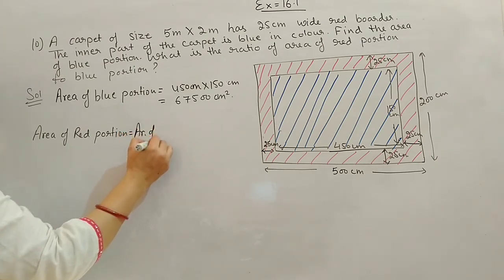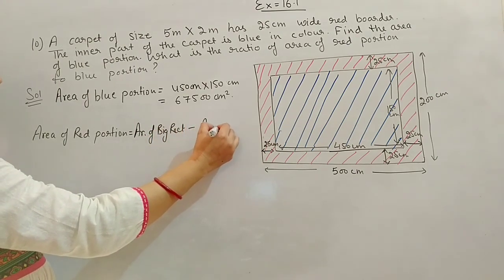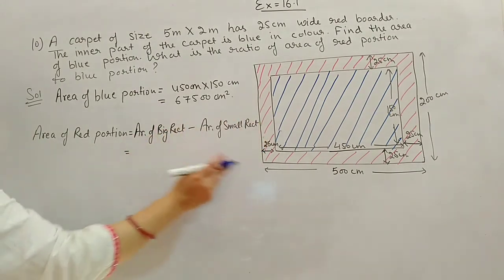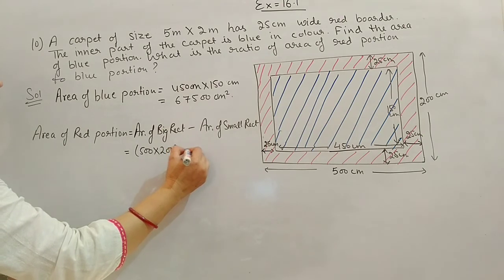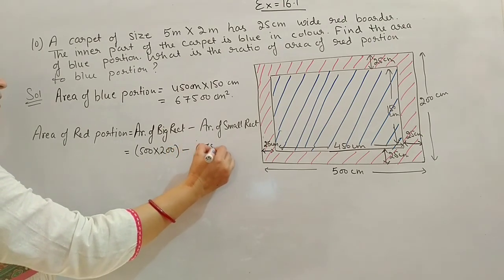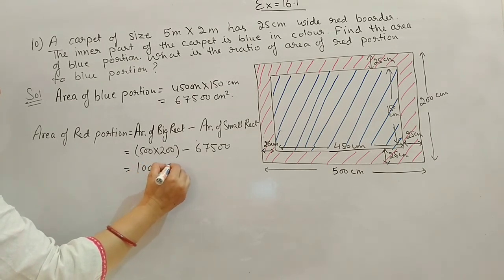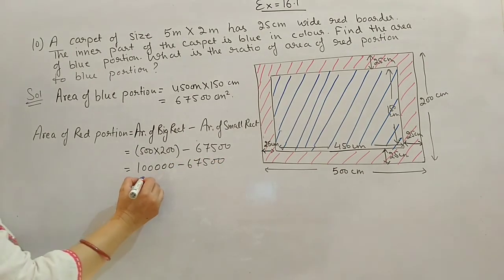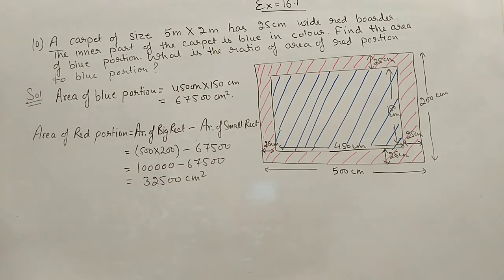So area of big rectangle minus area of small rectangle. Big rectangle dimension is 500 into 200 and small rectangle we have already found out, 67500. Then this will be 100000 minus 67500. Do the subtraction, then you will get 32500 centimeter square, which you can change into meter square also, or you can leave it like this also.